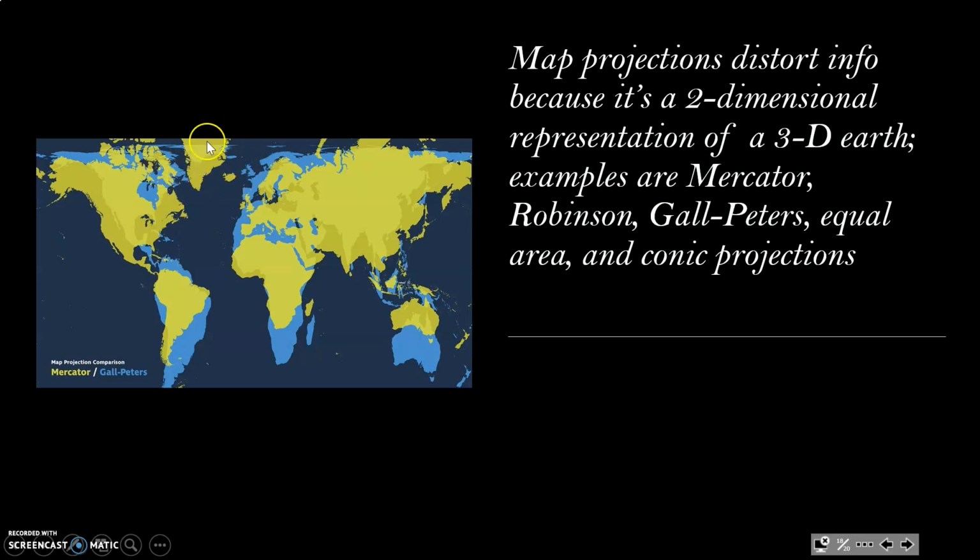Notice how big Greenland is up here on the top. Greenland is not that big. And then the blue is the Gall-Peters projection. And notice how the Gall-Peters projection stretches out the land. So both of these are just map projections that are used, and neither one of them accurately represent the Earth as it really looks.